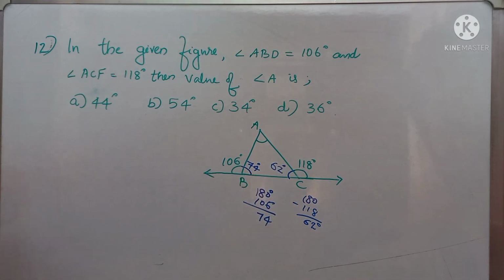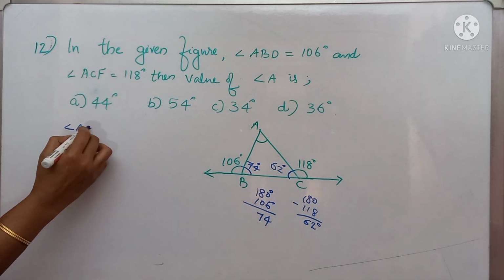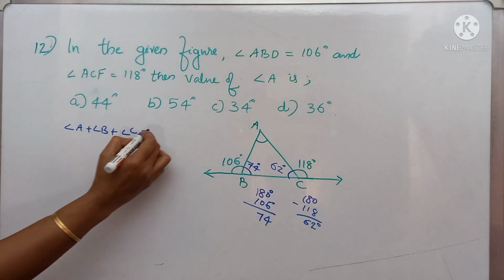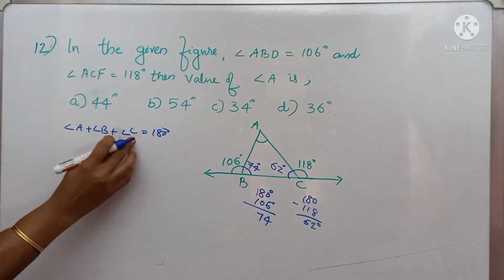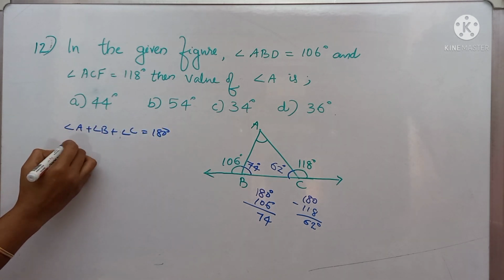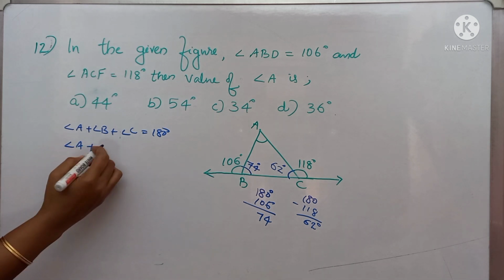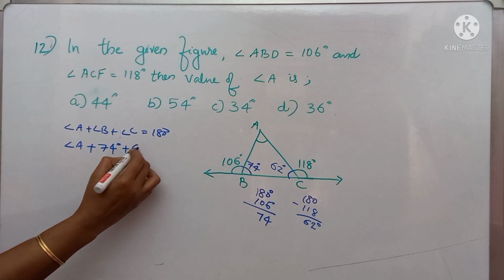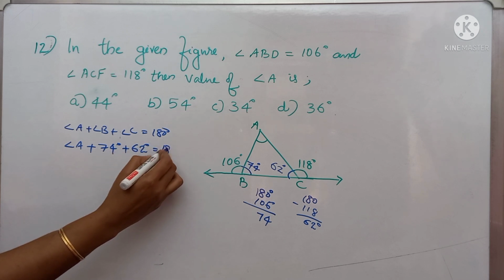Then we can use the angle sum property of a triangle, that is angle A plus angle B plus angle C is equal to 180 degrees. The value of angle A we don't know, so we can write it that way itself. Angle A plus angle B 74 degrees plus angle C 62 degrees is equal to 180 degrees.